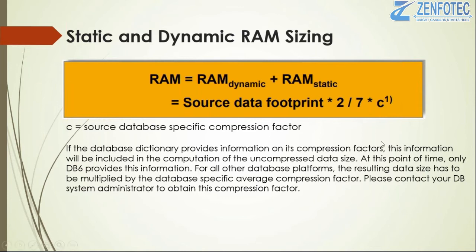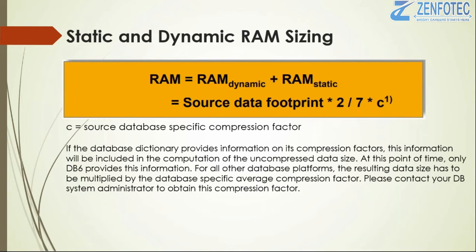So what is the compression factor? Each and every database, for example IBM DB2 or Oracle, has its own compression factor. How will you get it? You have to ask your DBA what compression factor or compression ratio they are using in your current database, for example 0.8 or 0.7. Then you apply that here.